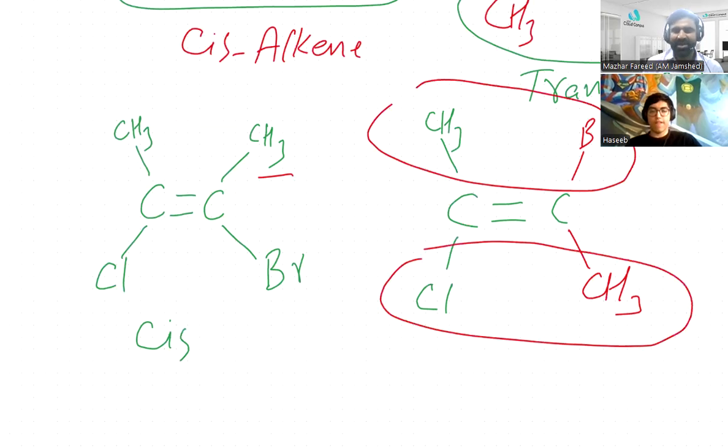If we check the stability of cis and trans, trans is more stable than cis. Because in trans, different groups are present in the space, and they provide conjugation and provide strength to the carbon, so they are stable. Is it clear?